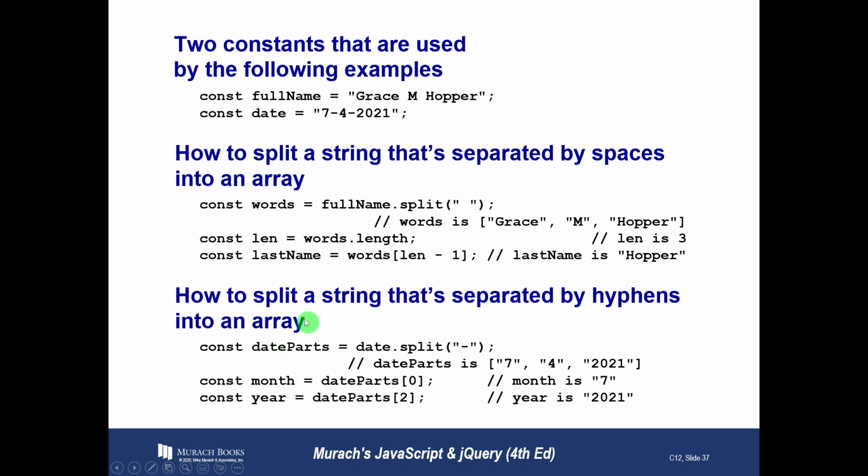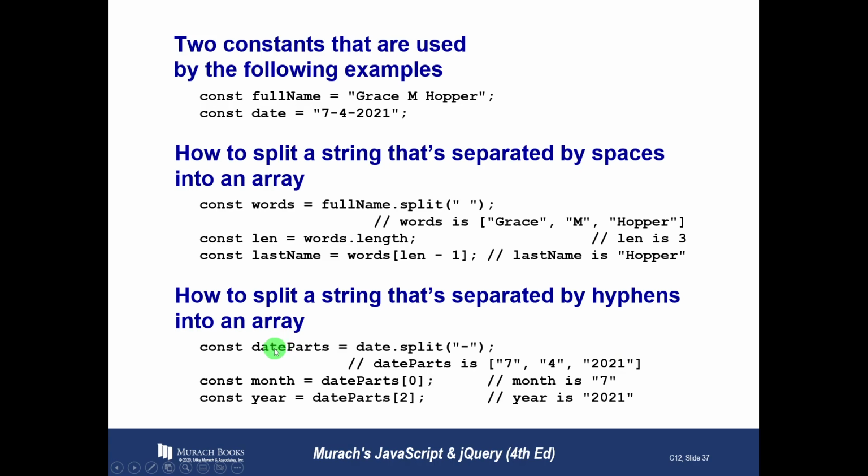In this example down here, we're going to use the date 7-4-21. And since that date is stored as a string, we can call date.split, and we can split it on the dash, and we end up with an array of strings with a 7, a 4, and a 2021.